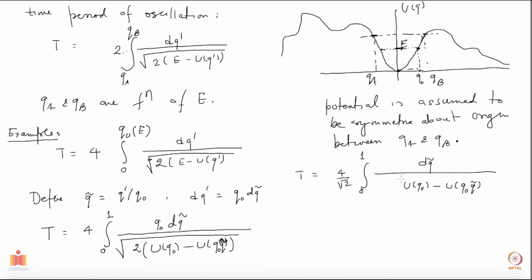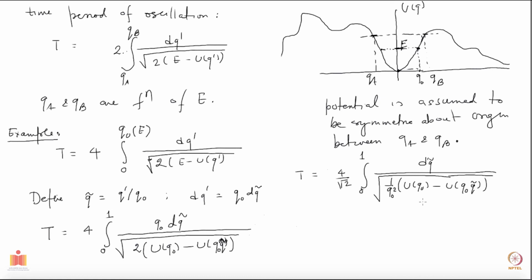Okay, that's correct. And then you have 1 over q naught square, and this entire thing in the square root. All I've done is put this q0 into the square root here. That's all, nothing beyond that.